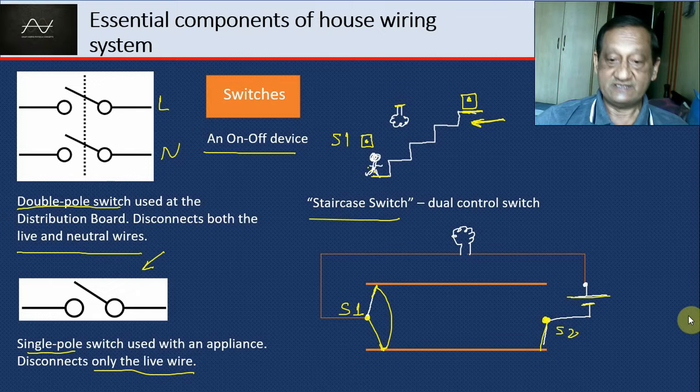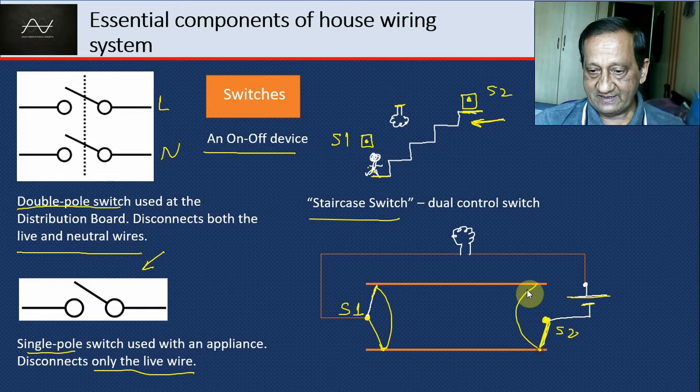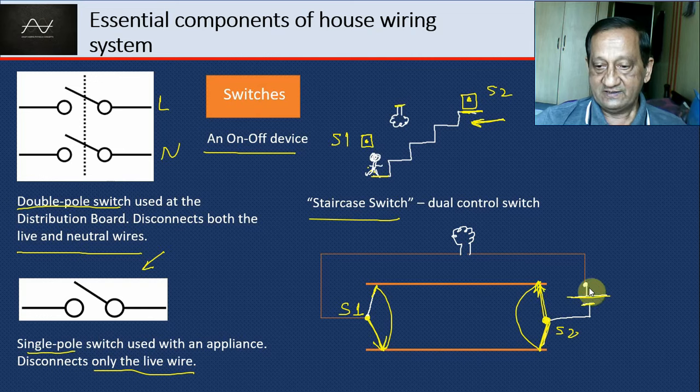Circuit is established. Then he reaches S2. There he toggles S2. S2 was like this, he toggles it and brings it like this. Now what is happening? S1 is in this position, S2 is in this position. The current, will it flow? Well, it comes like this, comes like this, but here it stops because S2 is on the other side.